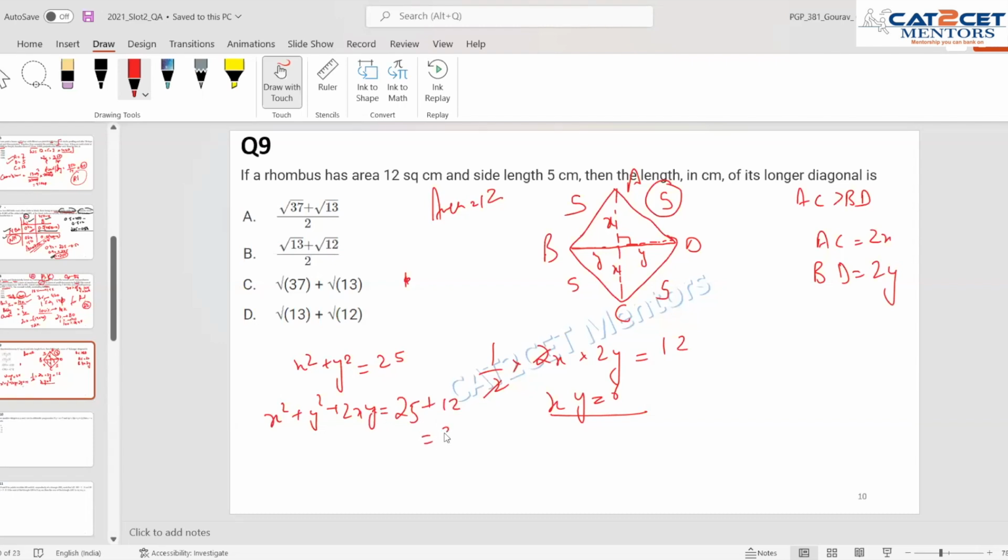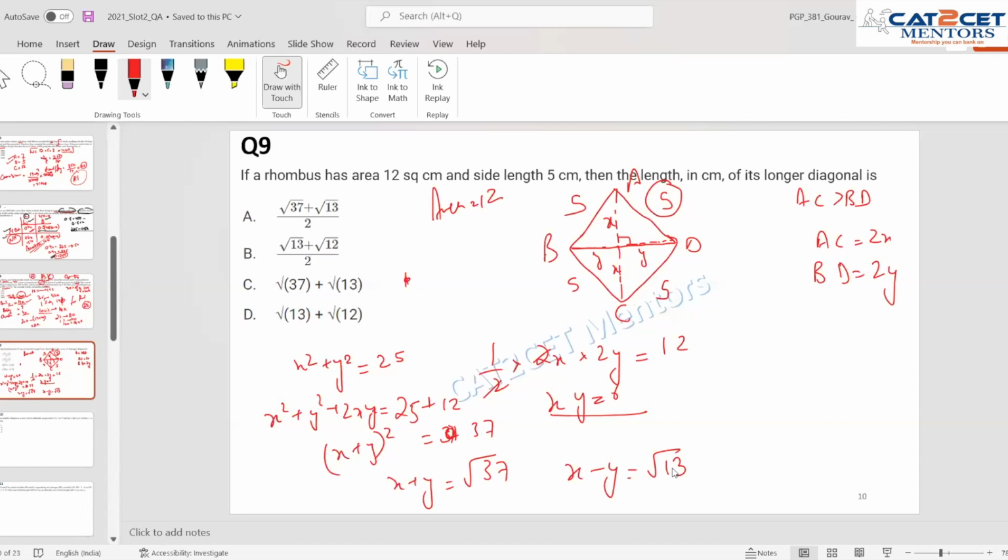So it will be 37. So x plus y whole square is 37, so x plus y will come out to be root 37. Similarly, x minus y whole square will come out to be 25 minus 12, that is equal to 13. So x minus y will come out to be root 13.